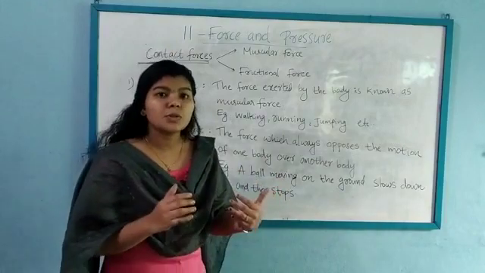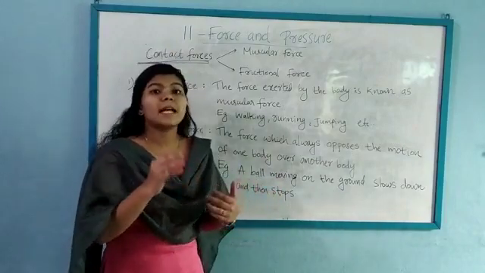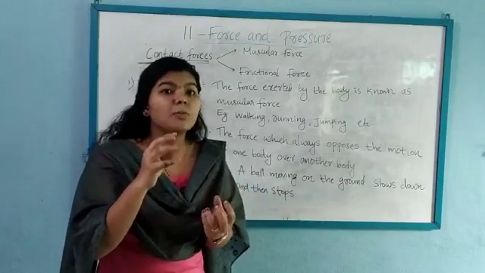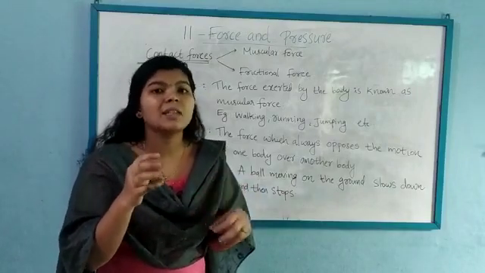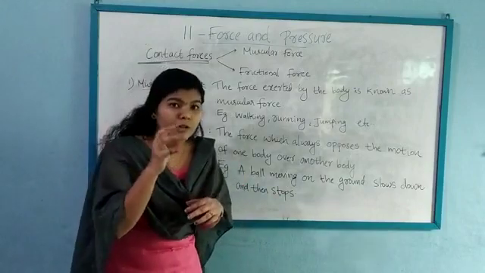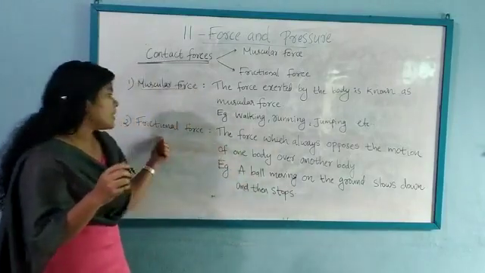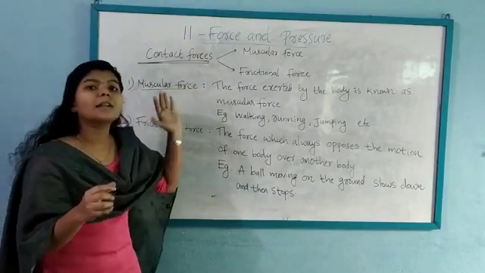This is due to the friction between that ball and the surface of the ground. Here the two bodies which are in contact with each other are the surface of the ball and the surface of the ground. Therefore, frictional force is a contact force.